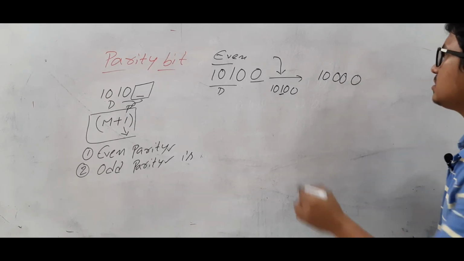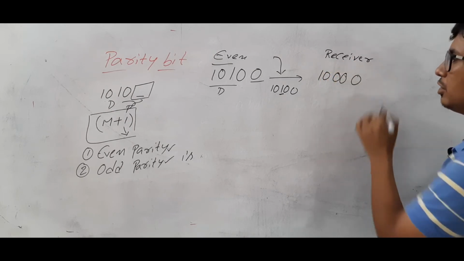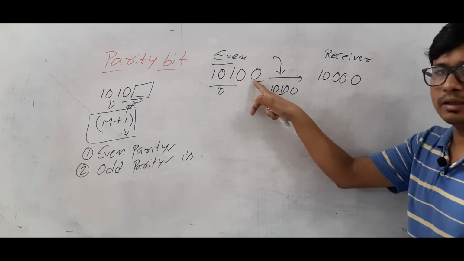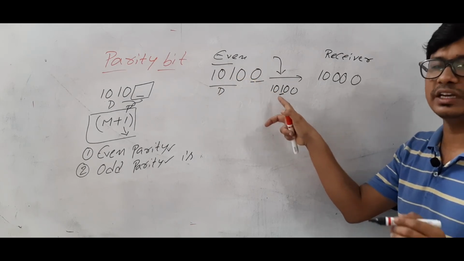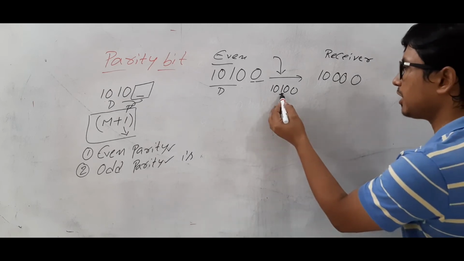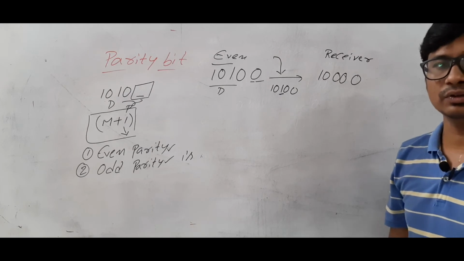Now what will the receiver do? Now the receiver has received this data. Are you able to follow it or not? The source wants to send the data and the parity bit, and it is sent using a transmission medium to the destination. Because of some noise, instead of 1 it was modified as 0 while it is being received by the receiver.